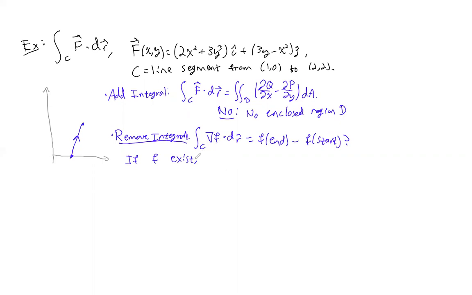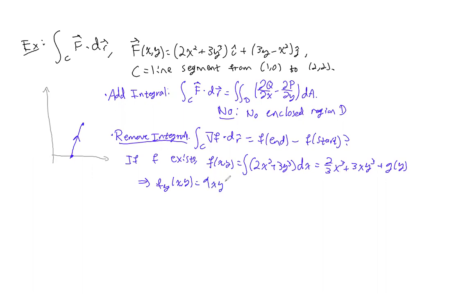So if f exists, then we have to have that f(x, y) is the antiderivative of 2x squared plus 3y cubed dx, which is 2/3 x cubed plus 3xy cubed plus some function g of y, which says that f_y(x, y) would have to be 9xy squared plus g prime of y, which would be 3y minus x squared.